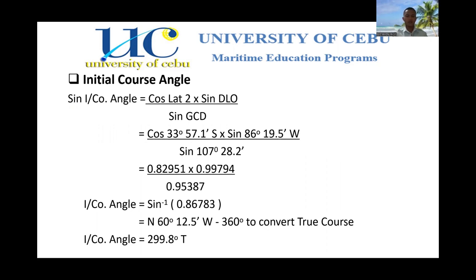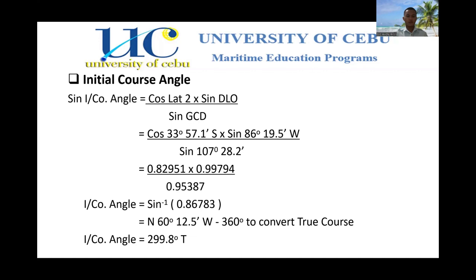To substitute, we have cosine 33 degrees 57.1 minutes south, which is the latitude 2, multiplied by sine 86 degrees 19.5 minutes west, which is the d long, divided by sine 107 degrees 28.2 minutes, which is the GCD. Note that in substituting the GCD, we have to use the degree form.